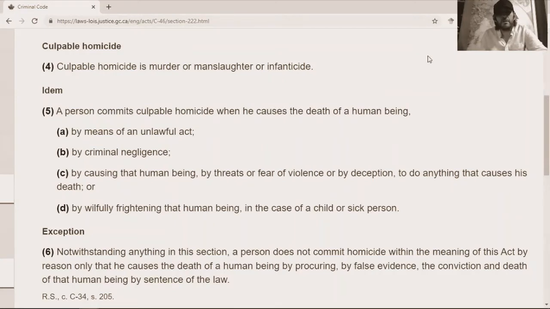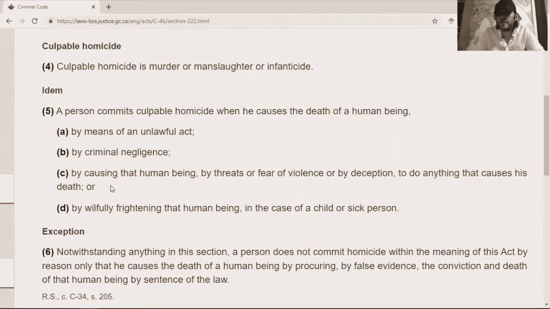Section 222, sub 5 of the Code sets out how it is that one may commit culpable homicide. It states that a person commits culpable homicide when he causes the death of a human being by A, means of an unlawful act, B, by criminal negligence, C, by causing that human being by threats or fear of violence or by deception to do anything that causes his death, or D, by willfully frightening that human being in the case of a child or sick person.